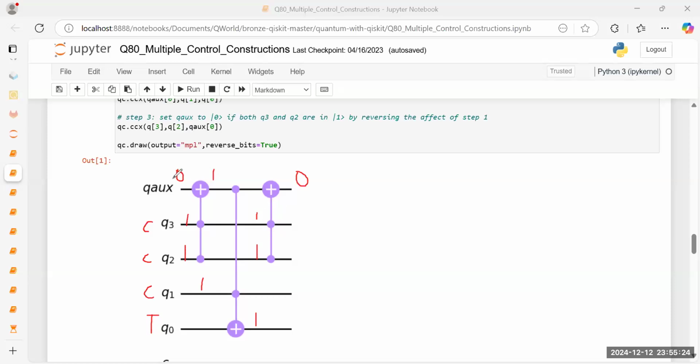So this is just to return the auxiliary to 0. But when we have 1, 1, 1, we're successfully going to be able to trigger the CCCNOT operator, which is what this is actually. When we have all ones for our controls, then we apply a NOT operator to the target.